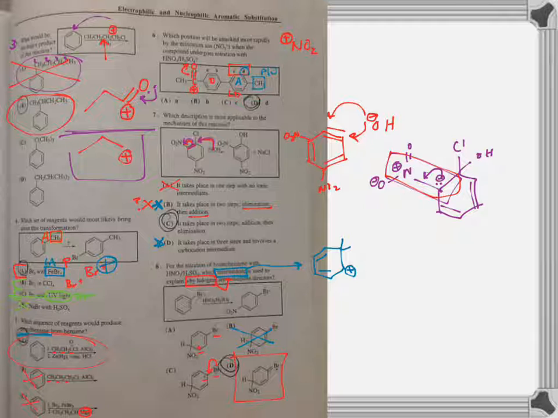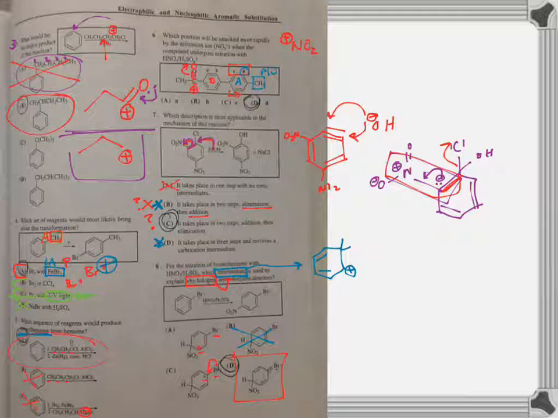It may be ugly, but I haven't drawn anything horrible that just looks weird. So I'll put a big question mark next to that, but I can't really eliminate it. The next part would be an elimination. That would make sense because I would need to reform that pi bond and kick out the leaving group.